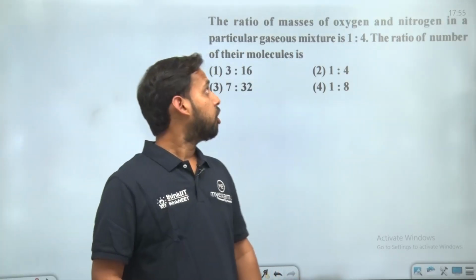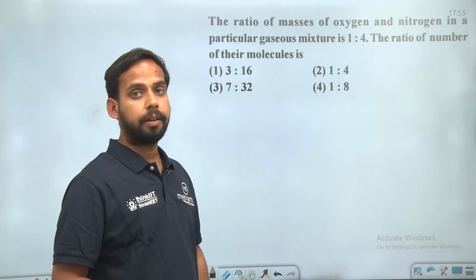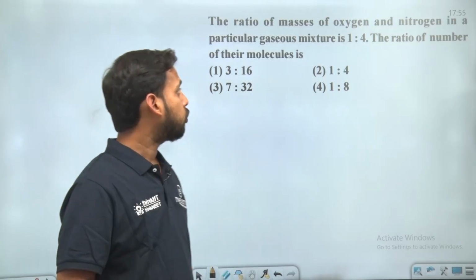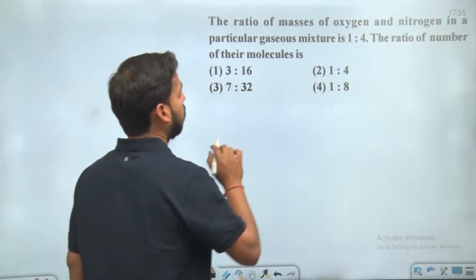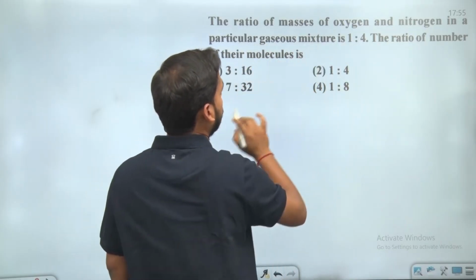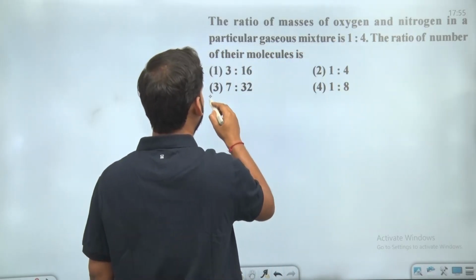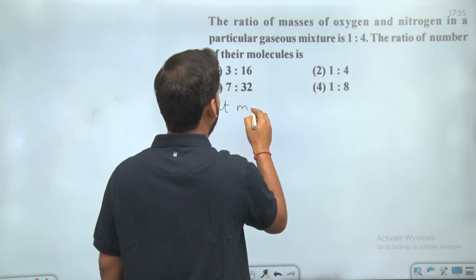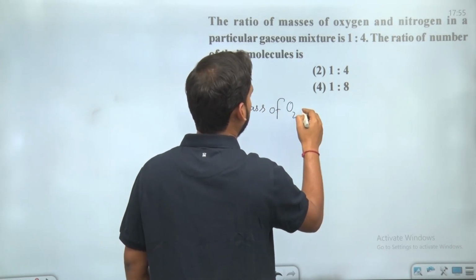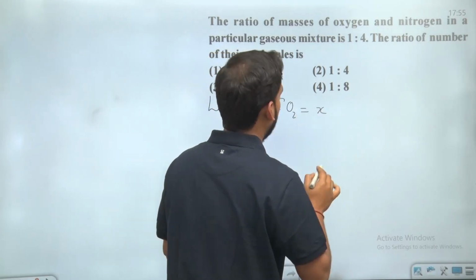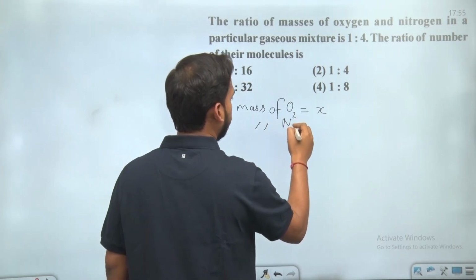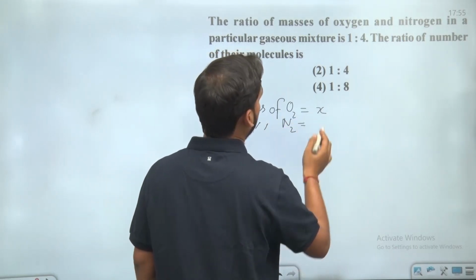Next question: the ratio of masses of oxygen and nitrogen in a particular gaseous mixture is 1:4. The ratio of number of their molecules is? So let the mass of oxygen be x, and similarly for nitrogen it will be 4x.